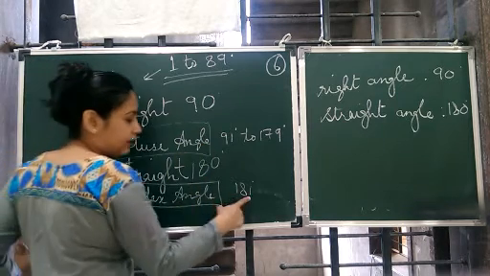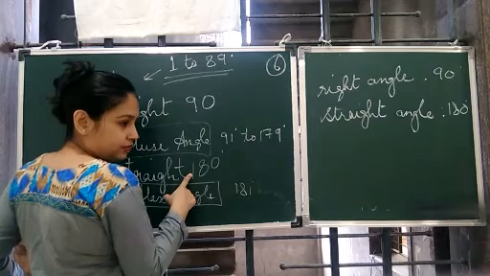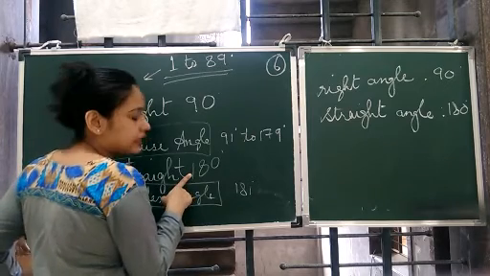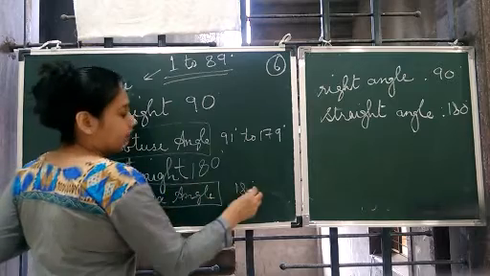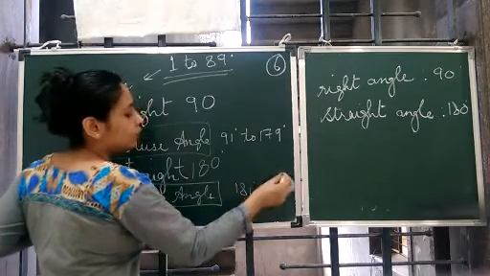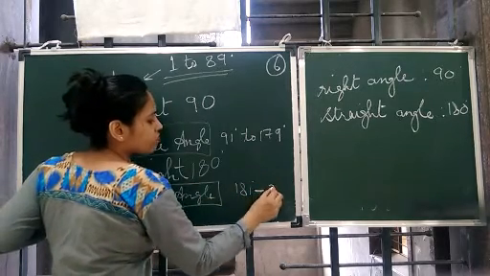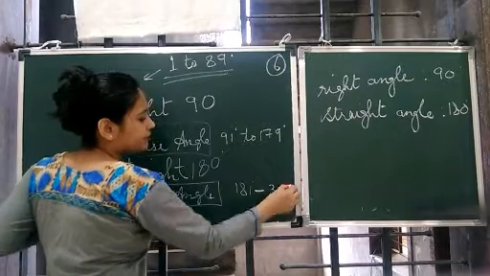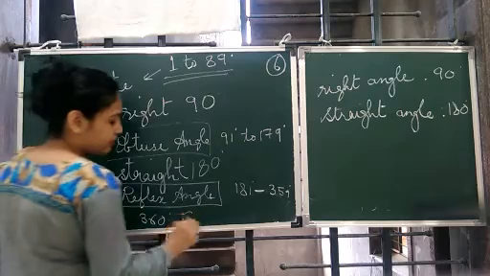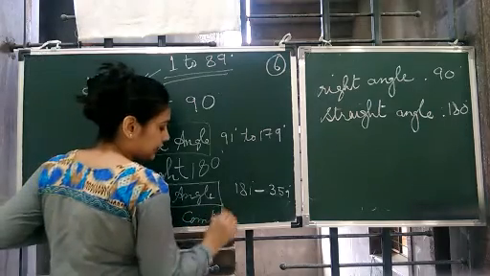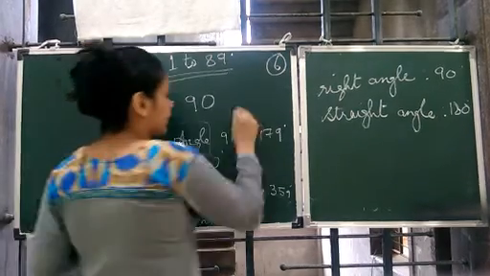They have a measure that is always greater than 180 degree, and they can vary from 181 degree to 359 degree. And 360 degree is known as a complete angle, because we take the entire one round.